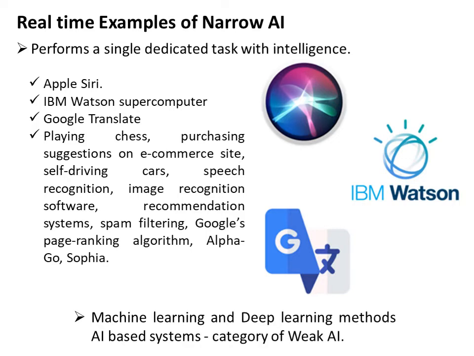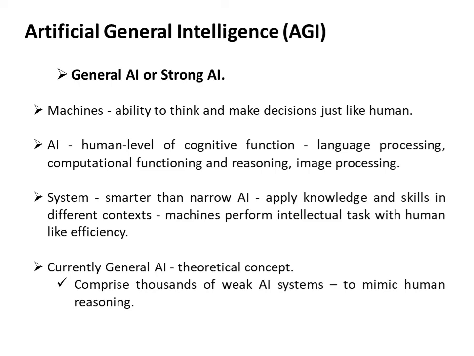Narrow AI applications are becoming increasingly common in our day-to-day lives as machine learning and deep learning methods continue to develop. Almost all the AI-based systems built till this date fall under the category of weak AI. This is the most common form or the only kind of artificial intelligence that you will find in the market now.